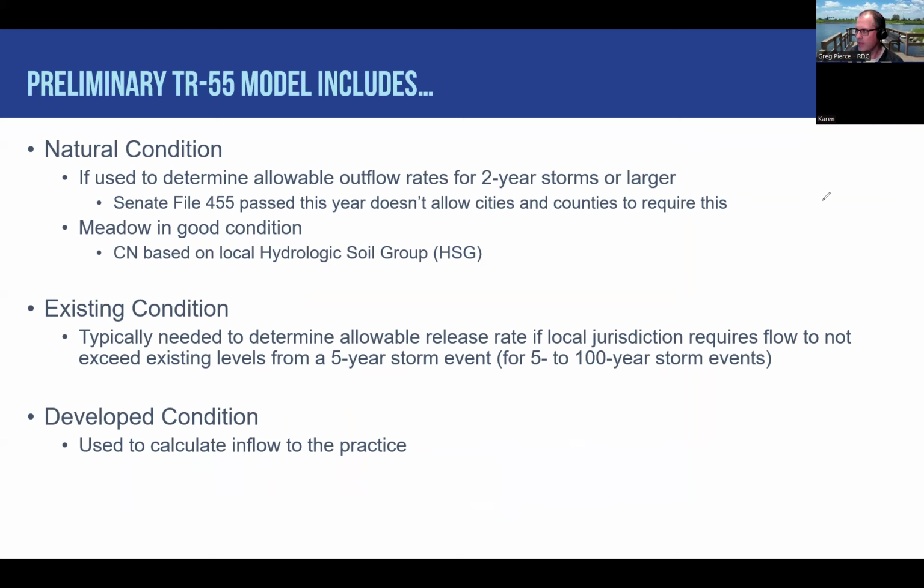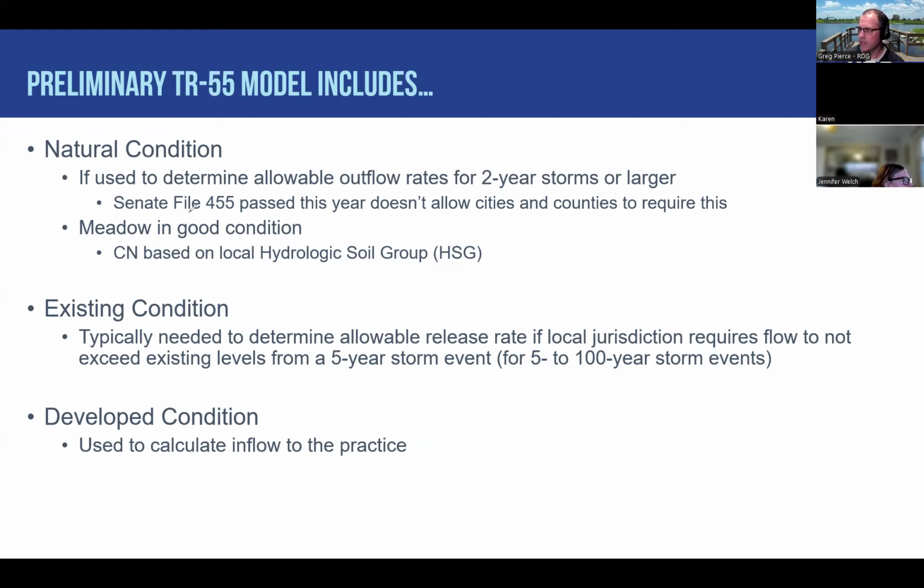A lot of our communities are having to remove the natural condition as a requirement to look at for release rates. That's due to Senate File 455 that was passed this year. However, you as a designer may certainly make that an internal goal. And I would still say that there's some benefit to looking at natural conditions, especially for those storms from the 2-year to the 50-year.